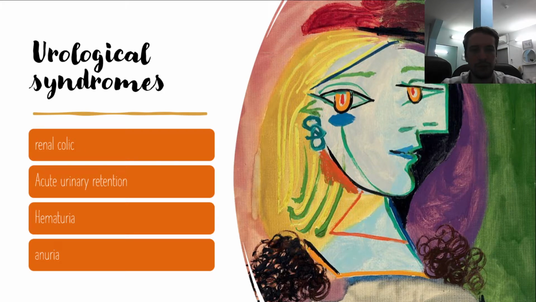If we talk about acute urinary retention, we understand that the problem is in the urine bladder or in the urethra. But when we talk about anuria, we need to understand that it's a problem in the kidney.